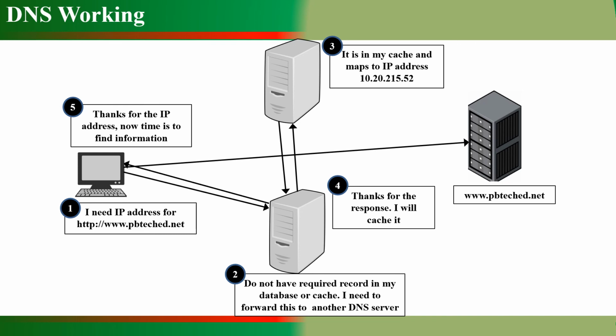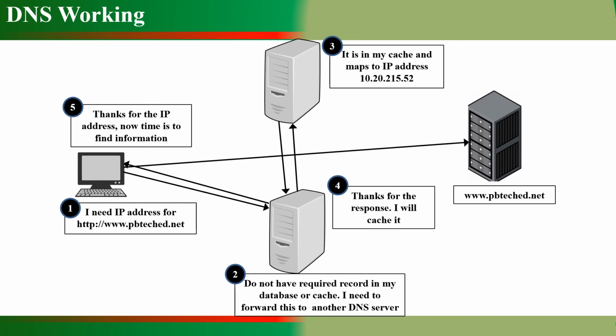The third step is that the DNS server will check the IP address in its own cache, and if it is found, then it says this is the IP address of that domain, and it will forward the IP address to the requesting DNS server.